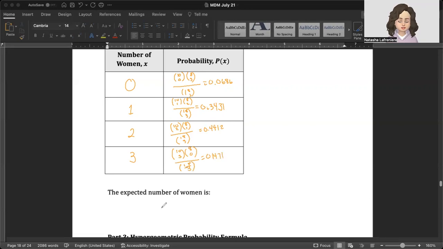So the expected number of women is 0 times P(0) plus 1 times P(1) plus 2 times P(2) plus 3 times P(3).